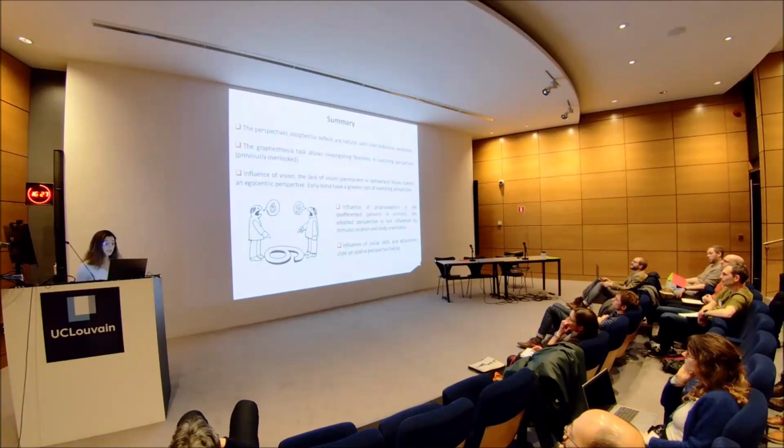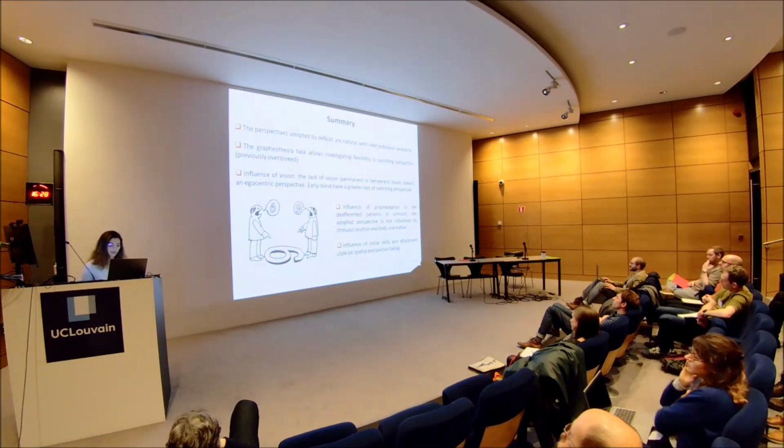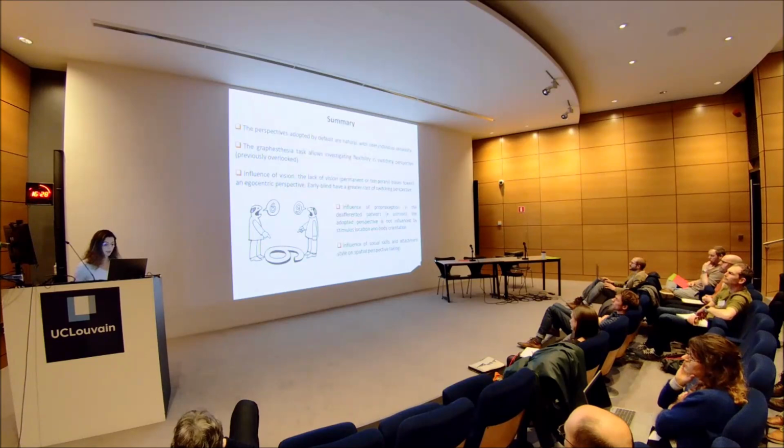The lack of vision, being permanent or temporary, biases toward an egocentric perspective. There is an influence of proprioception. In the deafferented patients, the adopted perspective is not influenced by stimulus location and body orientation. And there is an influence of social skills and attachment style on spatial perspective.